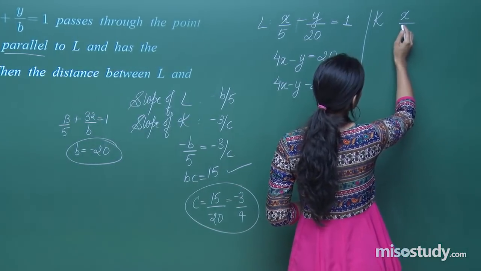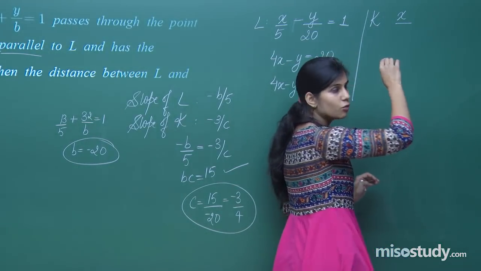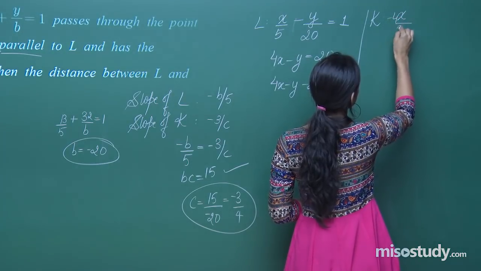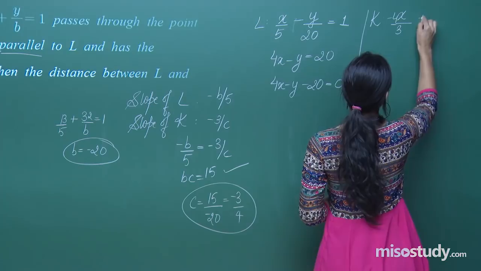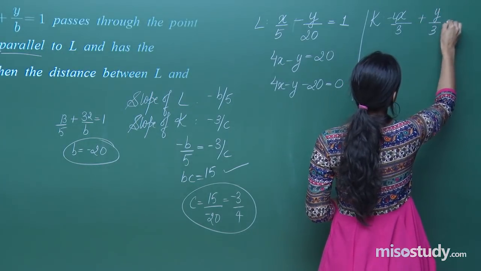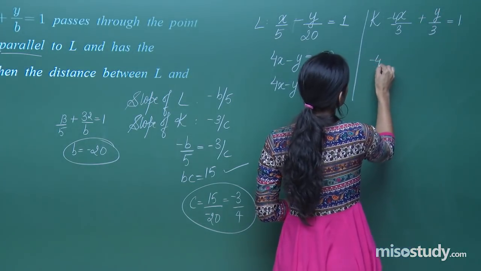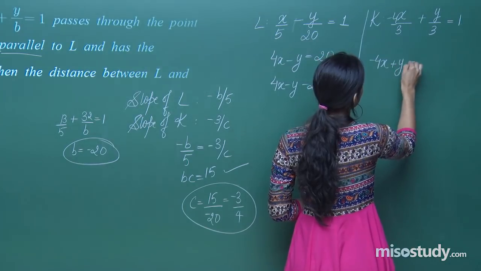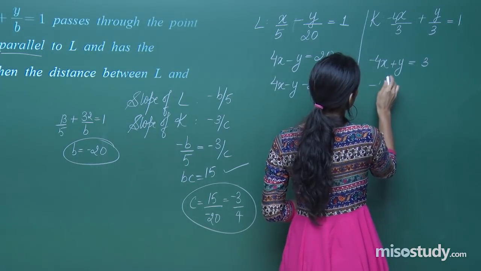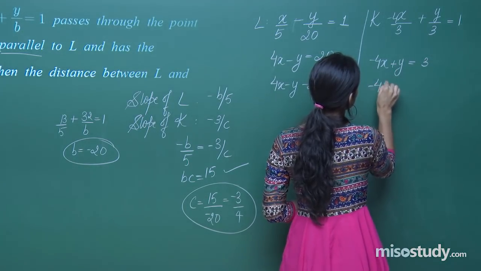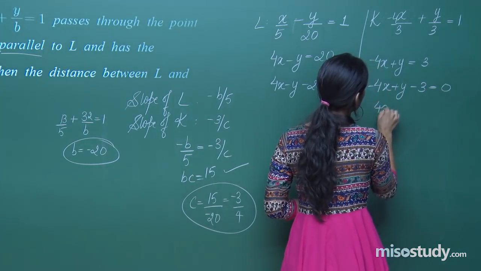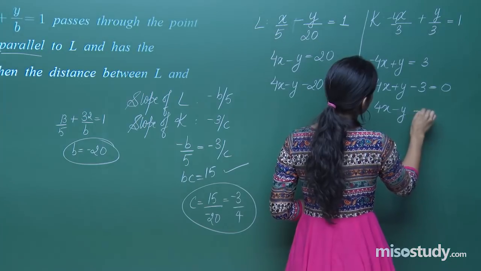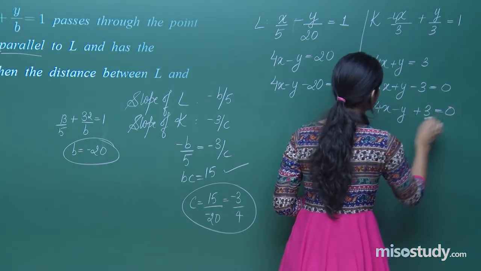So upon minus 3 by 4 means what? Minus 4x by 3 plus y by 3 is 1. So you get minus 4x plus y equals 3, or I can say minus 4x plus y minus 3 is 0, or 4x minus y plus 3 is 0.